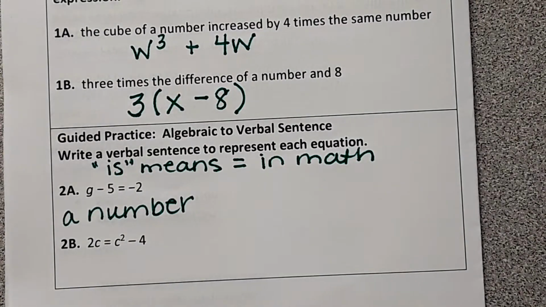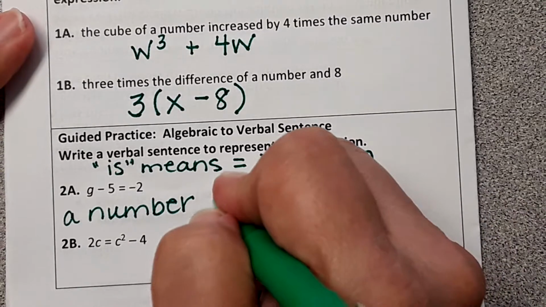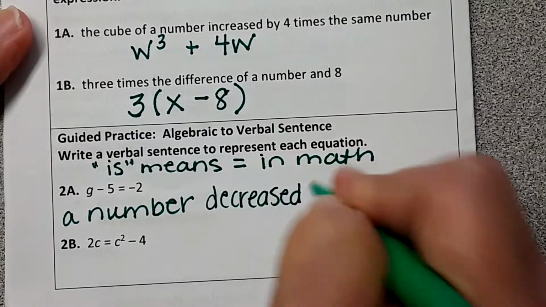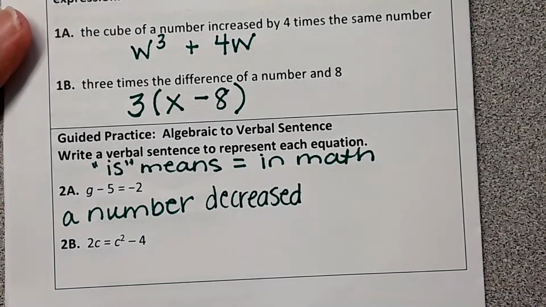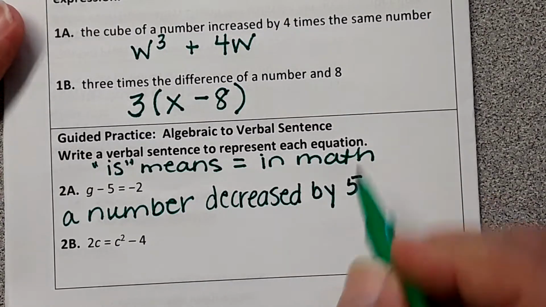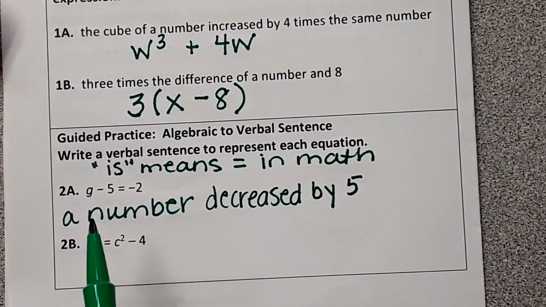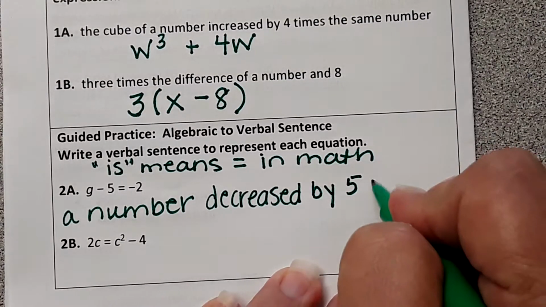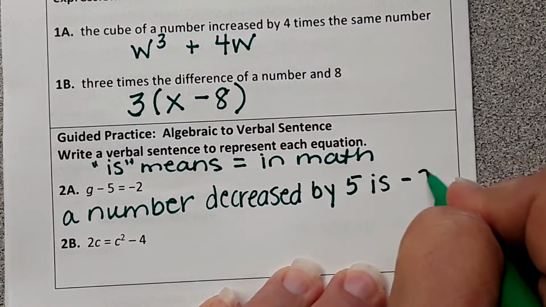What's another word instead of minus? Decreased. Decreased by what? By 5. And what does the word equal mean? What would we write? Is negative 2.